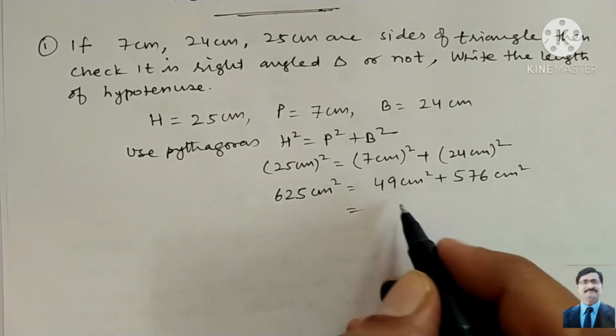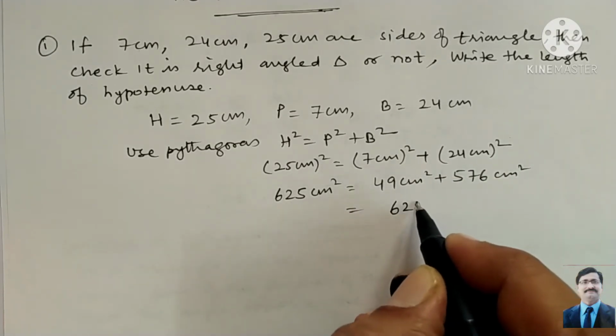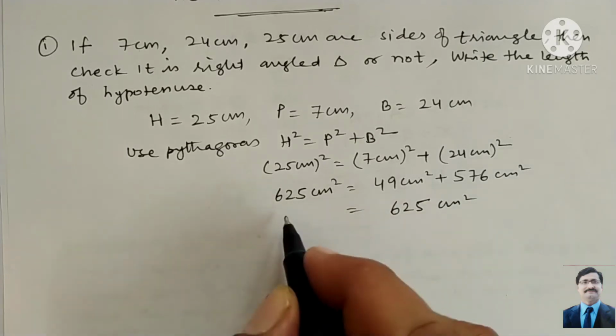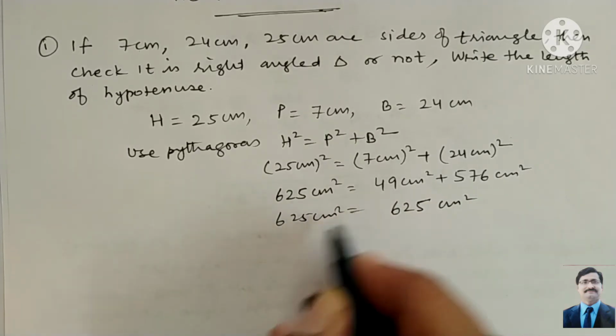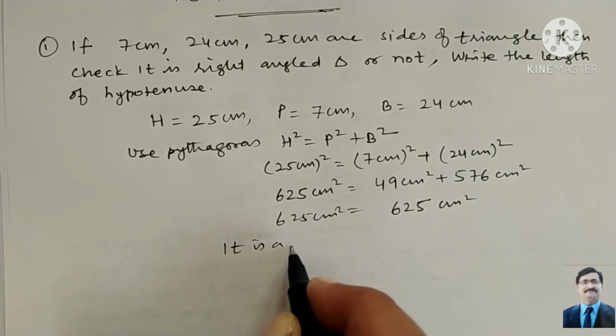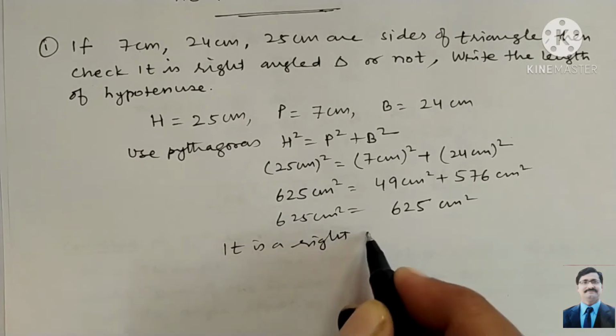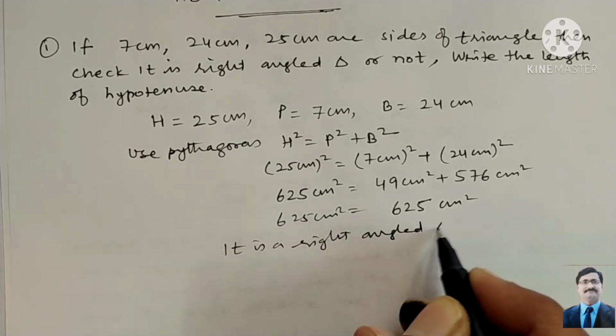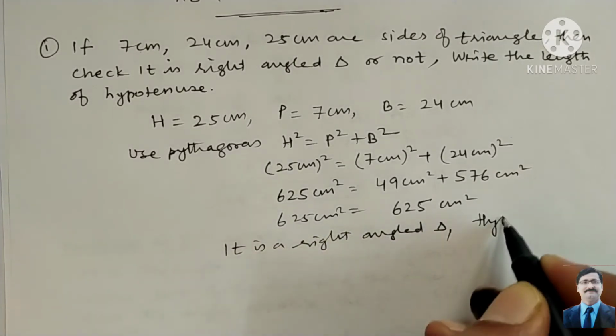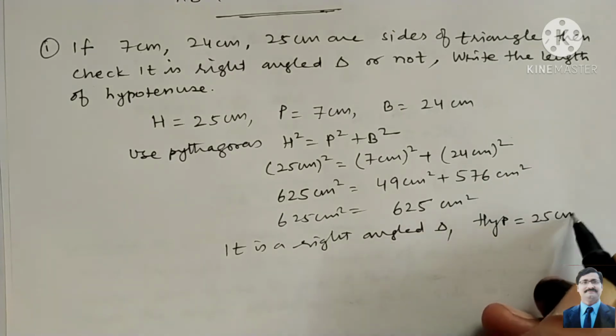This we can add, we get here 625 cm square. Both are equal, means we can write it is a right angled triangle, and hypotenuse is equal to 25 centimeter.